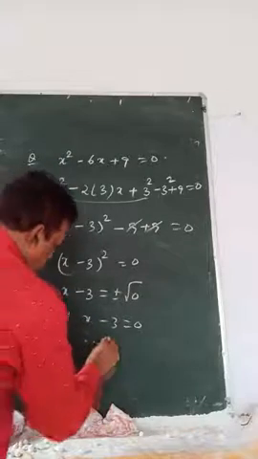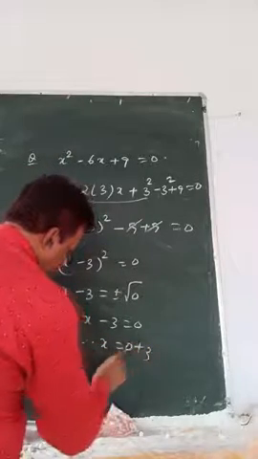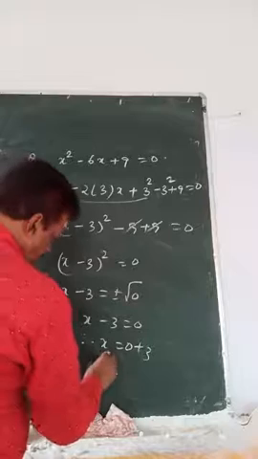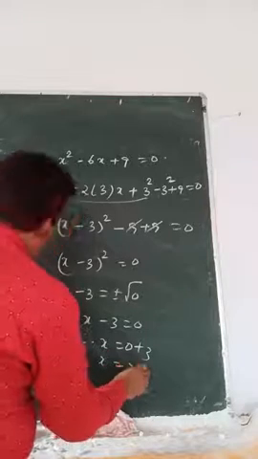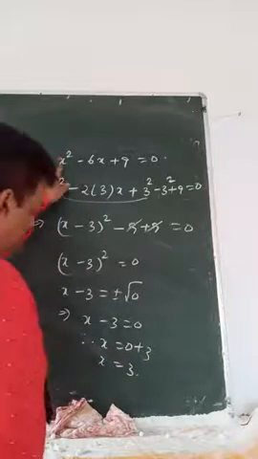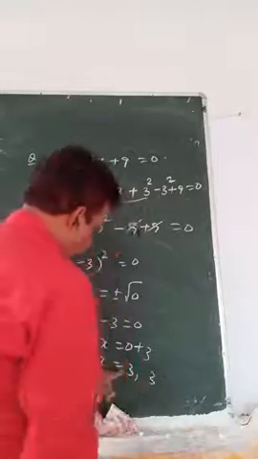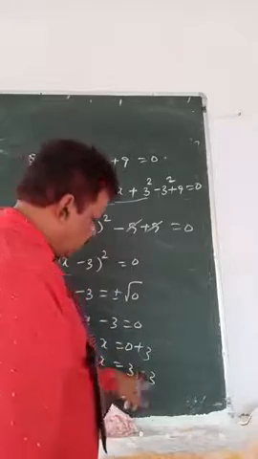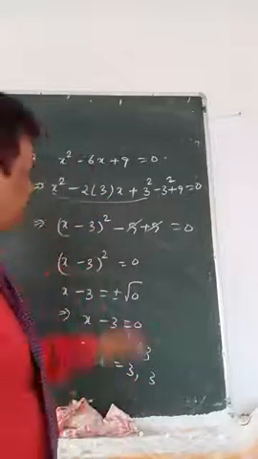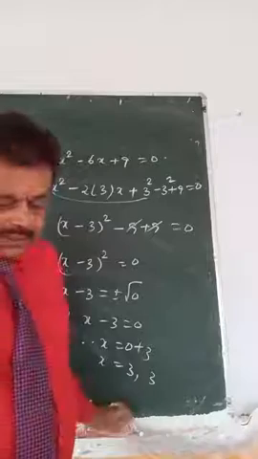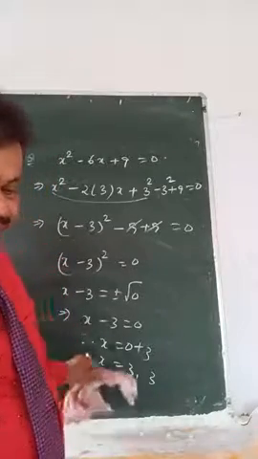Therefore, x equals 0 plus 3. But it is a quadratic equation, so it should have two values. So the roots are repeated, 3 and 3, because if one value is given, the other is also the same. Repeated roots.